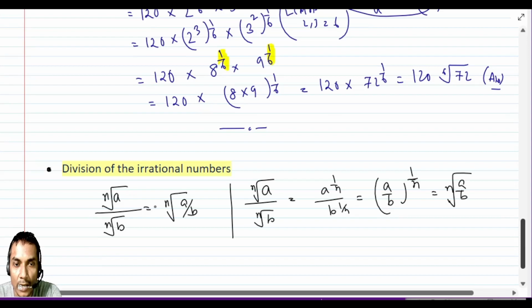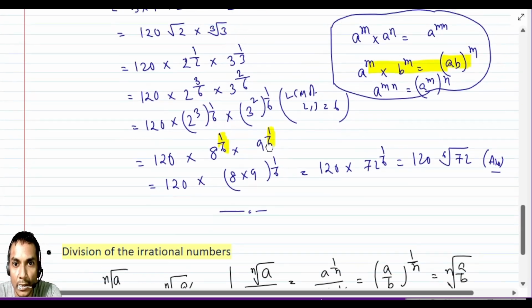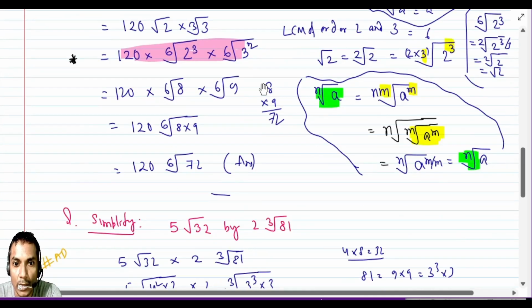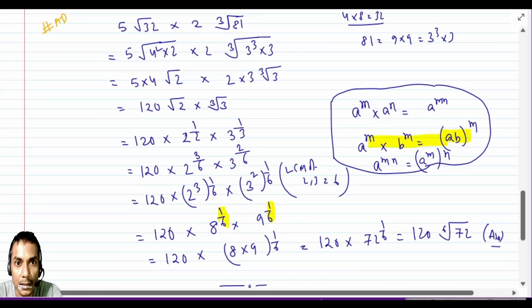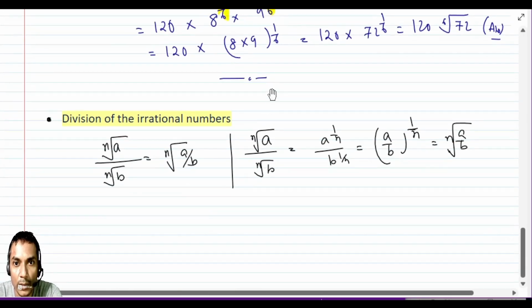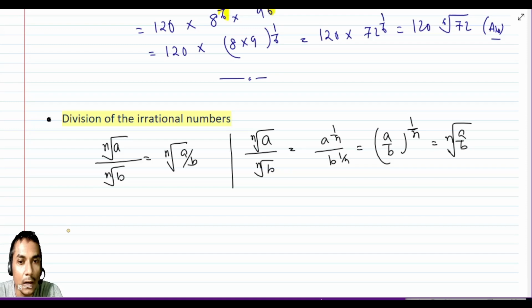Otherwise this fast method is a little bit difficult, but if you apply the rule again to simplify this, and I always follow the simple rules to solve any kind of question, otherwise it will be very difficult.